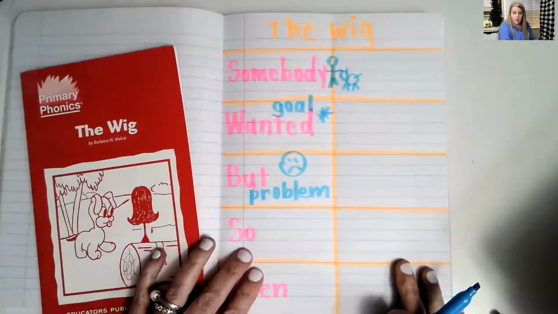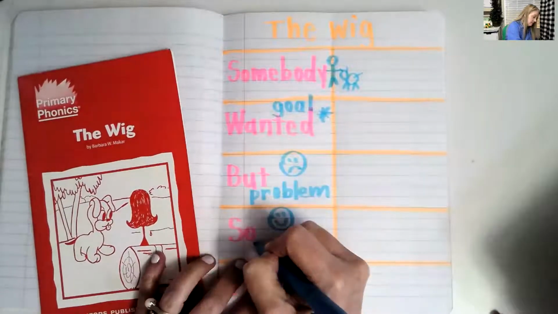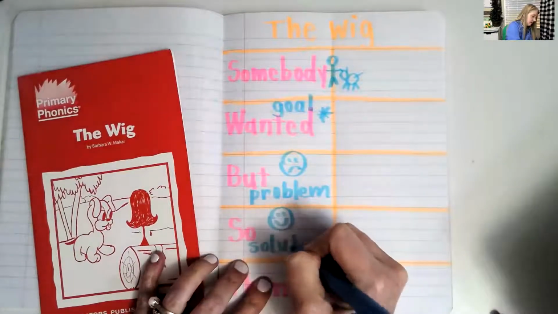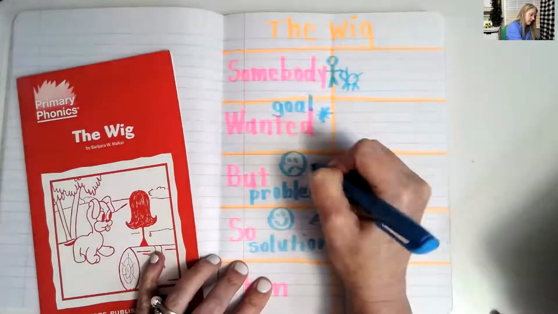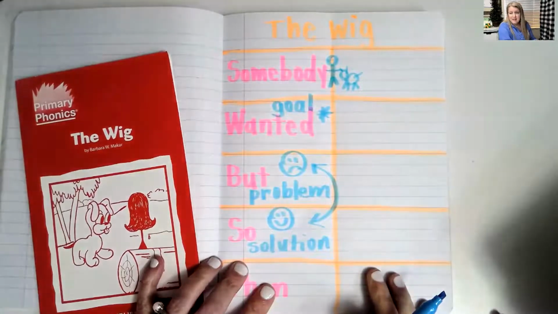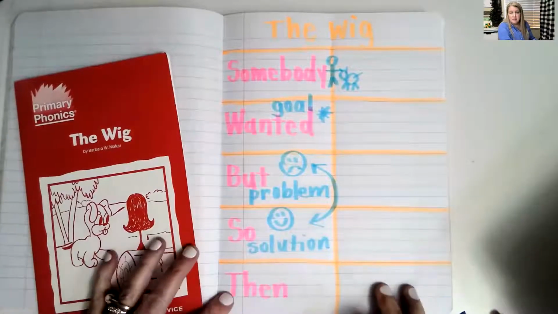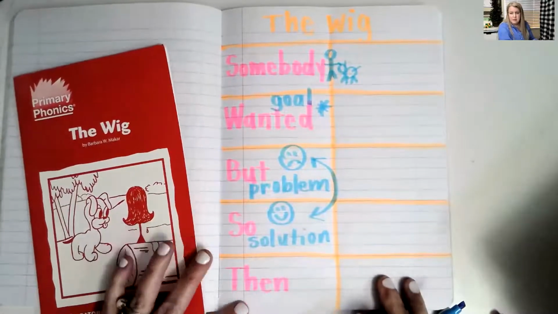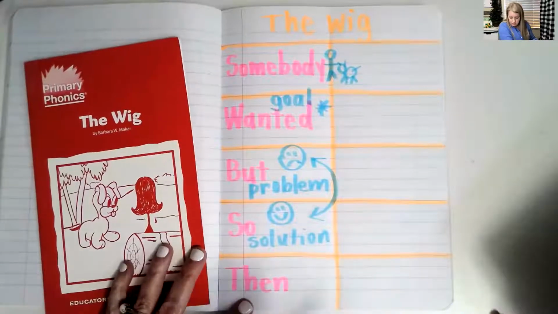And then so is the solution. And remember, our problem and our solutions work together and match. A lot of times they come up with solutions to problems that are all mismatched. So that's a new idea for them, especially when they're writing their own stories. They don't solve their own problems. So that's kind of cute.